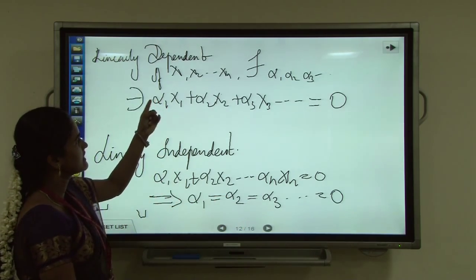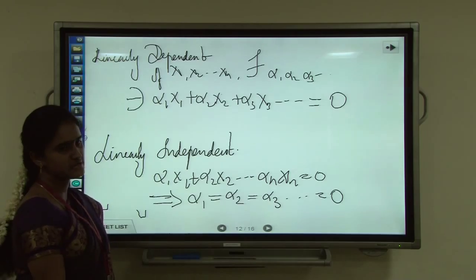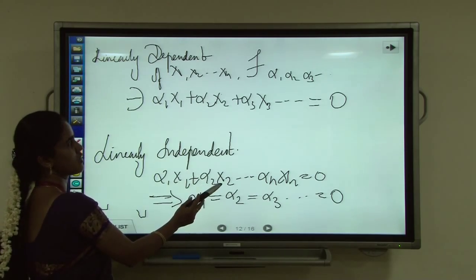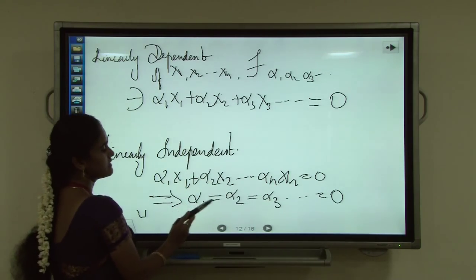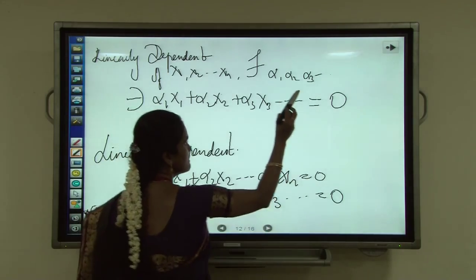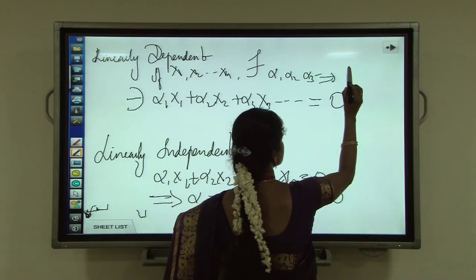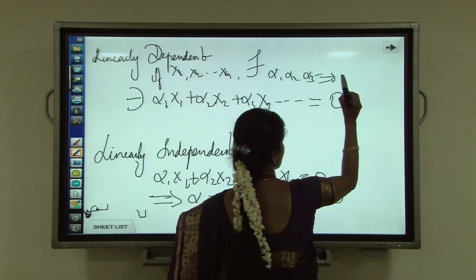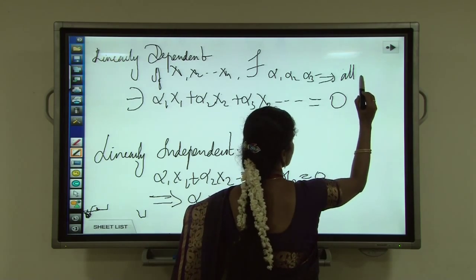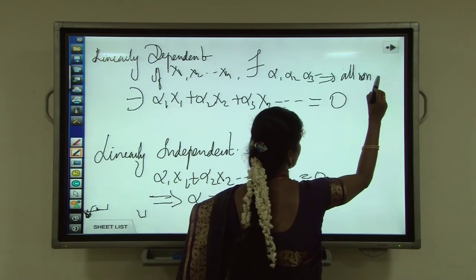Here also the linear combination is 0, provided the alphas are all 0. In the dependent case, the alphas are not all zero.